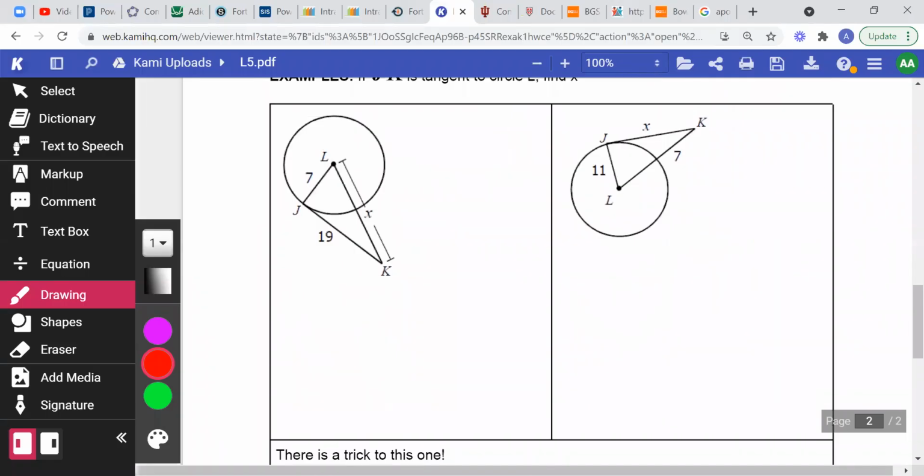Savannah, this is your assignment. What is the tangent line here? Which side of this triangle represents the tangent line? JK. And what is the radius? LJ.